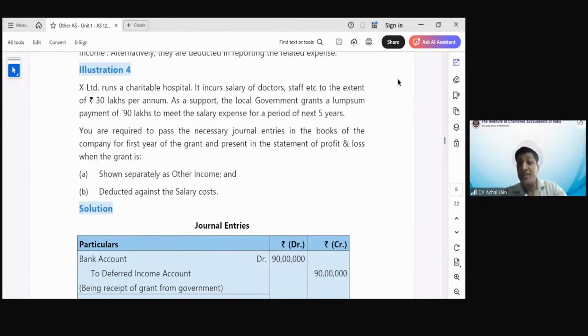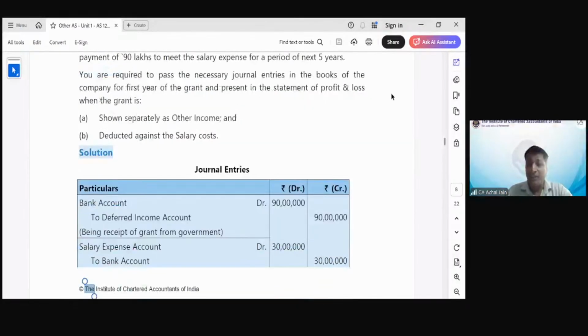So the question doesn't say pass the entries only in respect of government grant. Please remember, if the question says pass the entries only for government grant, then you will show only two accounting entries. Now, for every transaction which is there, you'll have to pass the accounting entry. Therefore, the salary expense also needs to be recorded by the entity, correct?